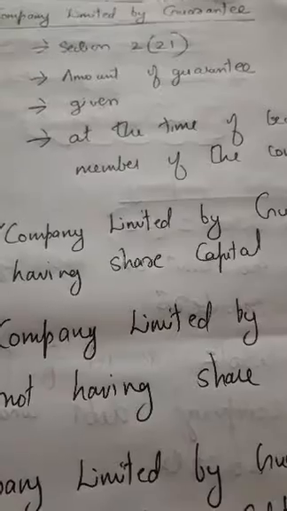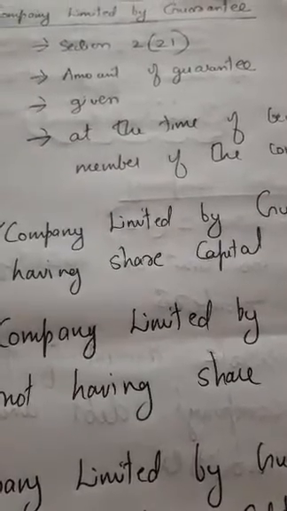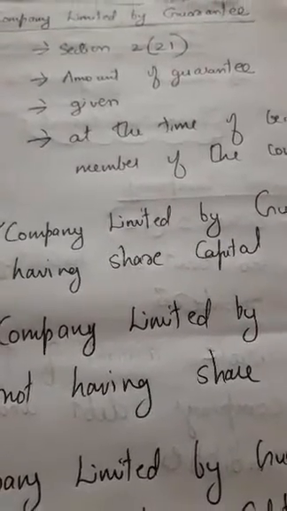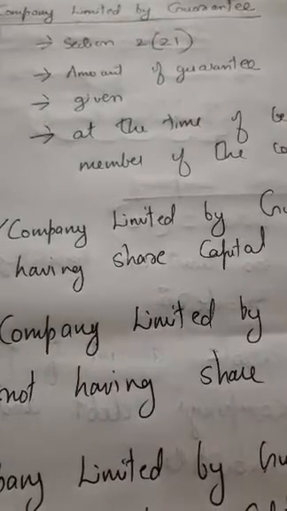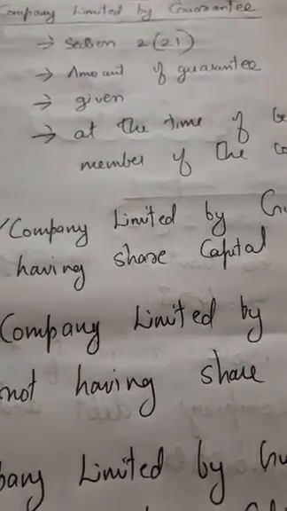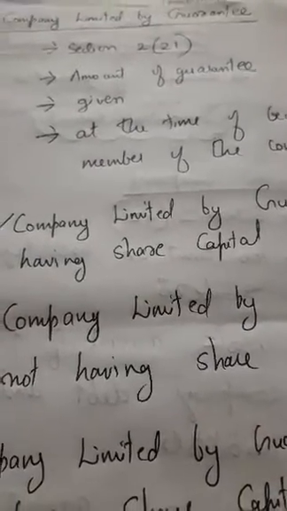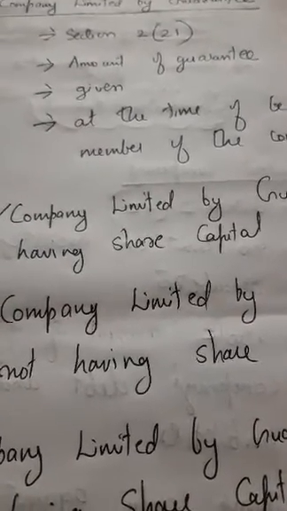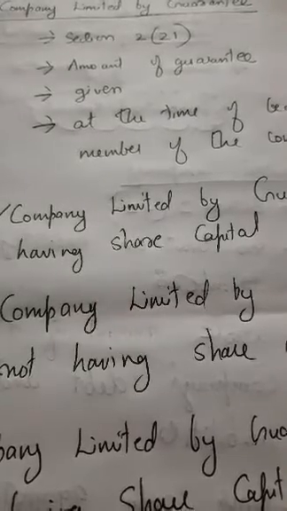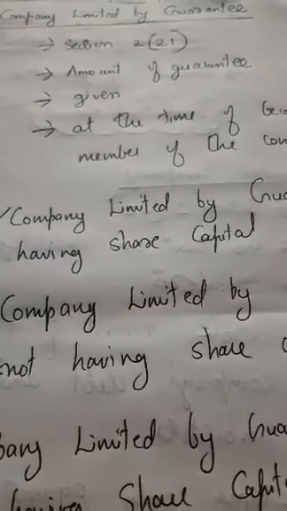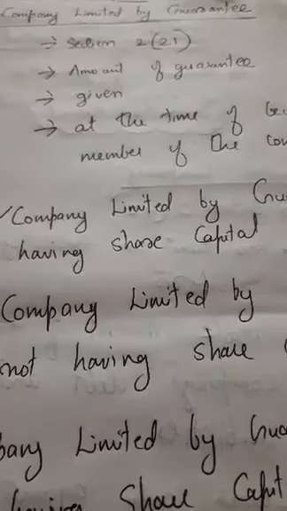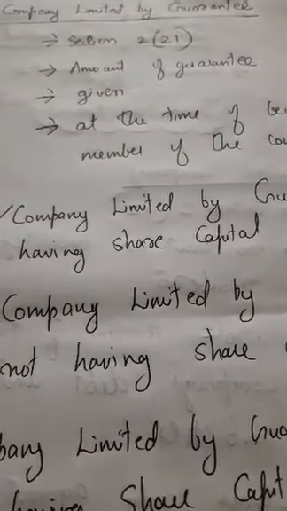What's the liability of the member with regard to a company limited by guarantee? The member is liable to the amount he has guaranteed. The member of the company is liable to the amount he has guaranteed for a company limited by guarantee.